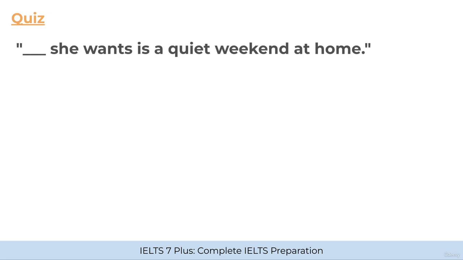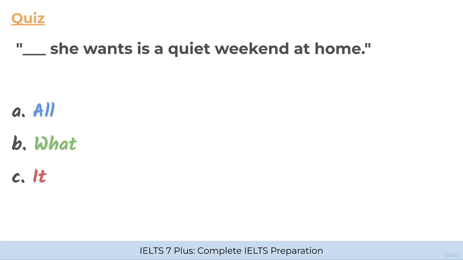She wants is a quiet weekend at home. Could we put in all, what, or it? So a good practice for this, we can just read out the question with these words and see how it fits. So we could have all she wants is a quiet weekend at home. Okay, that would work.